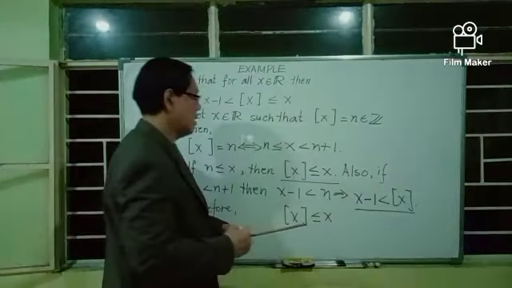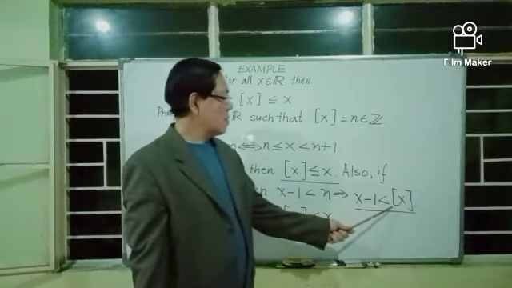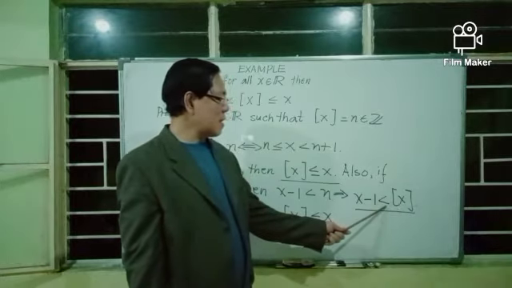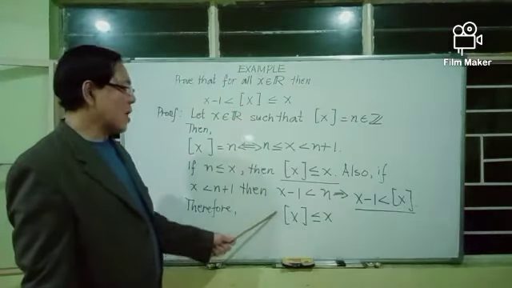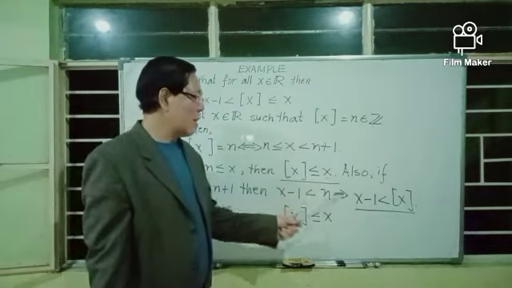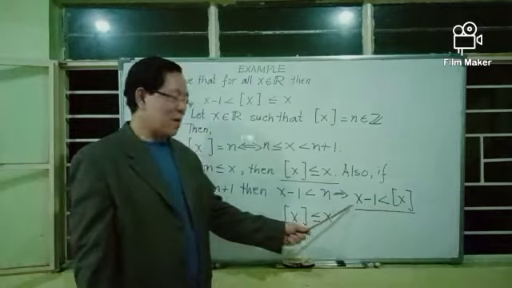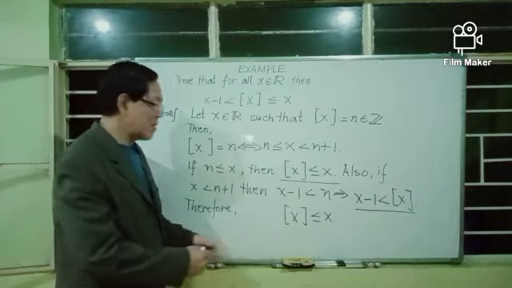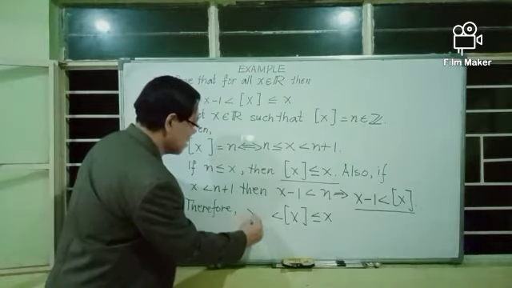And the greatest integer function of x, in the second part of the proof, we have shown is strictly greater than x minus 1. The greatest integer function of x is less than or equal to x, and it is strictly greater than x minus 1.